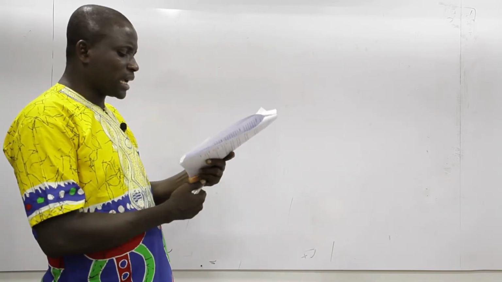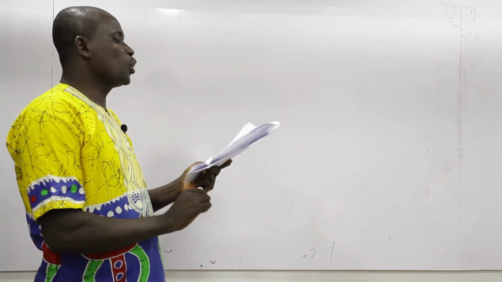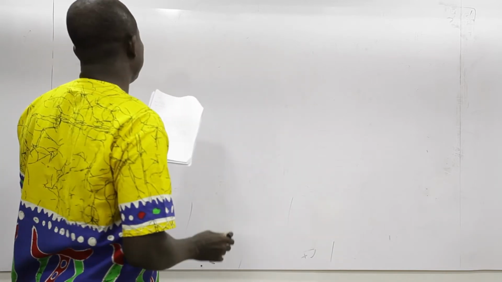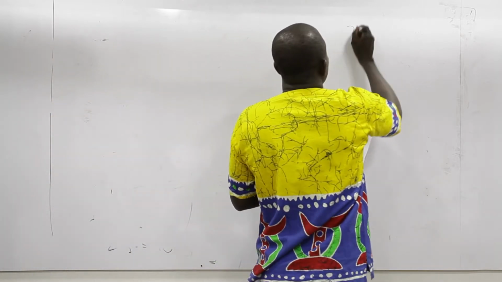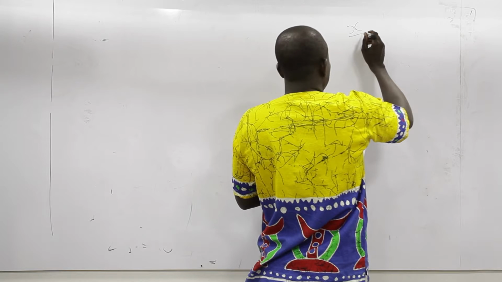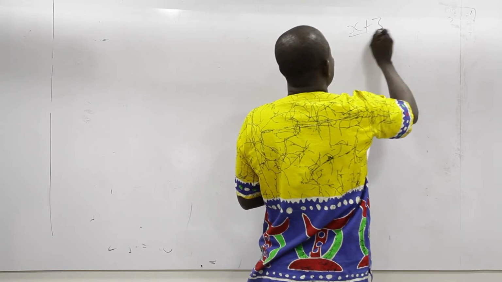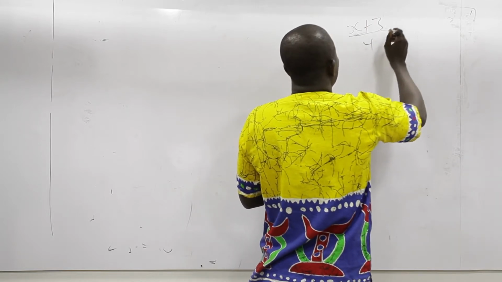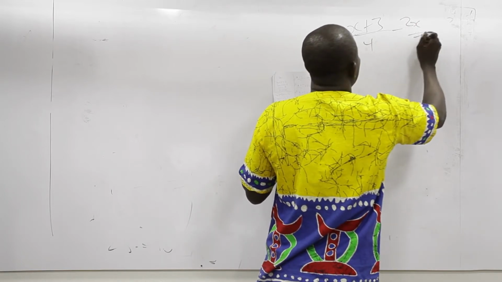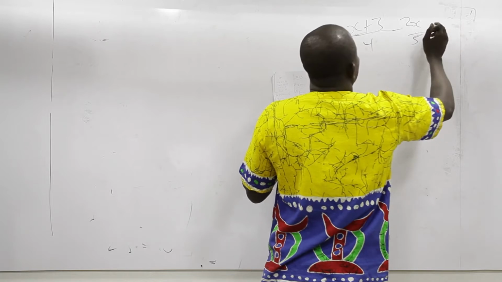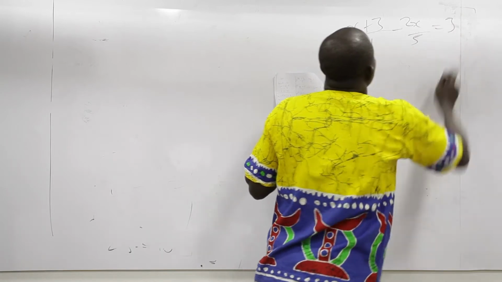Now, let's look at one or two of those. I'm having a linear equation like this. Let's see. x over 2 plus 3 over 4 minus 2x over 5 is equal to 3.